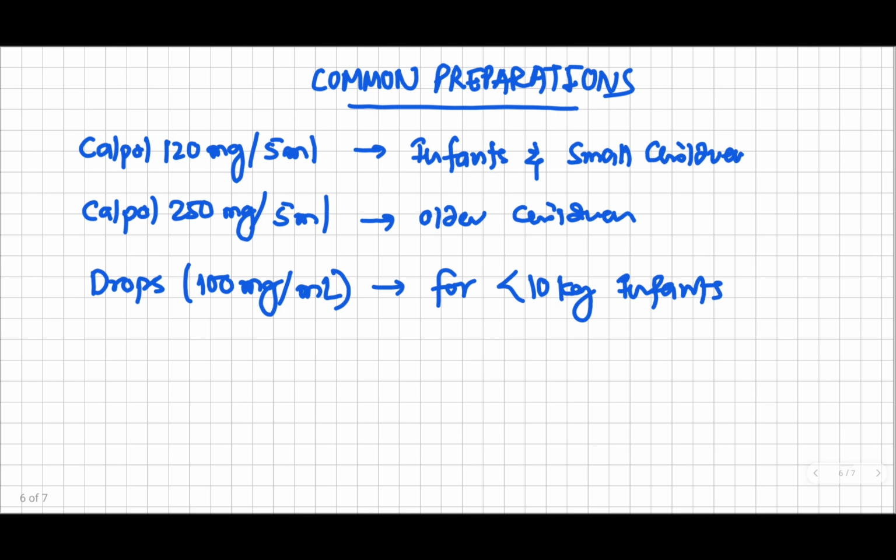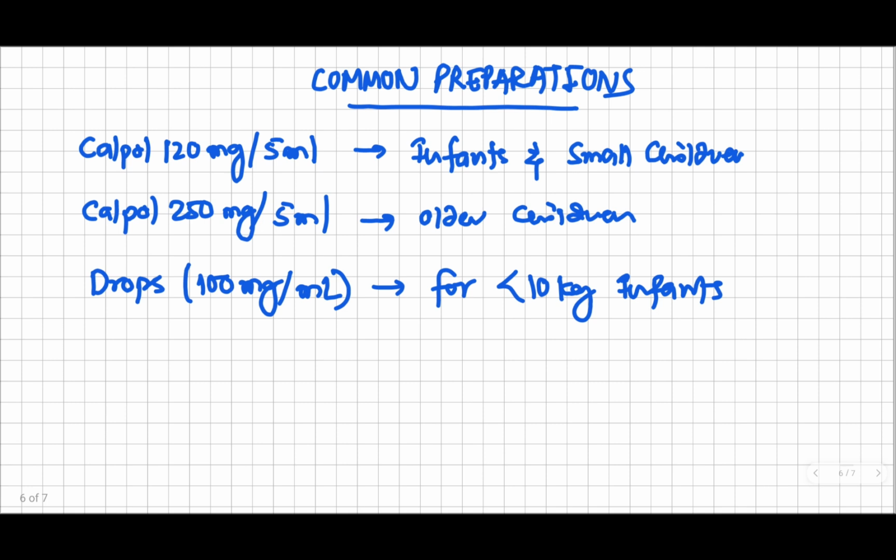Fine. So now we know the common preparations and the strengths which are available in the market. I have here taken Calpol. It can be any other brand also. Fine. Now let's see how we will calculate.